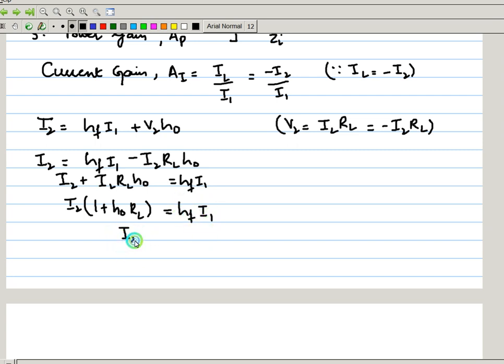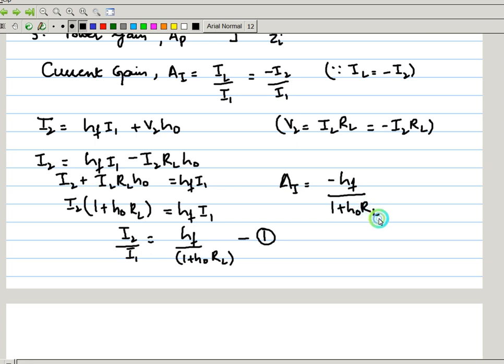Now I2 by I1 will be equal to HF upon 1 plus HO into RL. So now you have the value of the ratio of I2 by I1. This implies that our current gain AI will be equal to I2 by I1 but with a negative sign. So it will be minus HF upon 1 plus HO into RL.